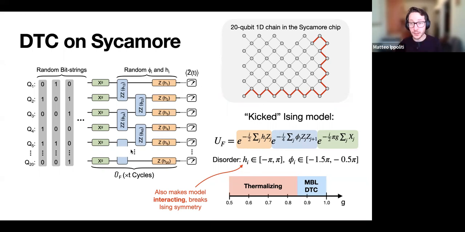And composing all of these ingredients, we get a quantum circuit shown here that we can iterate many times. So those are the periods of our driven evolution. And after some number of periods, we can interrupt the dynamics and measure all the qubits in the computational basis and get some bit string states. So here there's a couple considerations. First of all, we set all of these couplings to have large disorder, which is necessary for stabilizing this many-body localized phase.